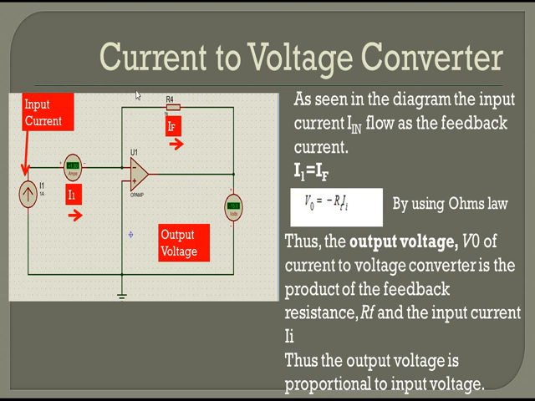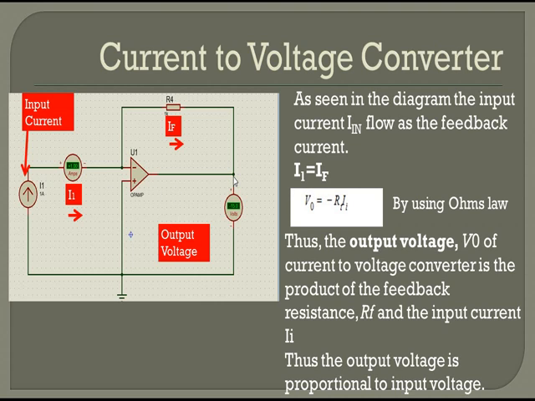Feedback is provided to the negative terminal of operational amplifier through feedback resistor RF. Due to the high input resistance of operational amplifier, all the current flows through the feedback resistor, I1 equal to IF.